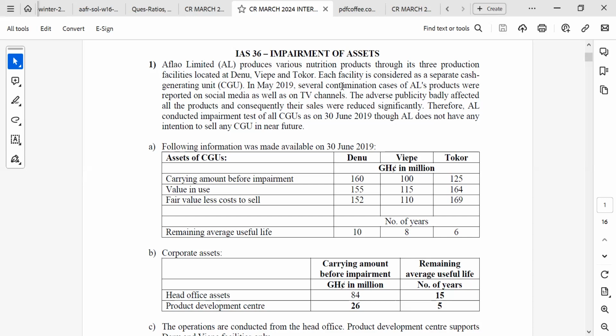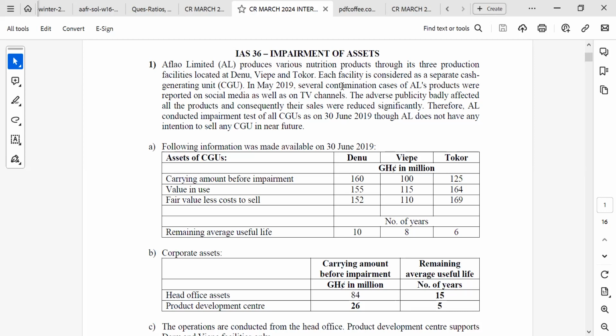But as soon as the question says that the company has the intention to sell the assets in the near future, then your recoverable amount will be restricted to only the fair value less cost to sell. It means that you are trying to classify the asset as held for sale. So we restrict our recoverable amount to only the fair value less cost to sell. You have to be very careful with that particular one.